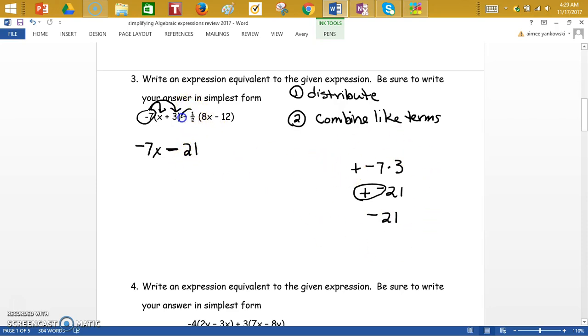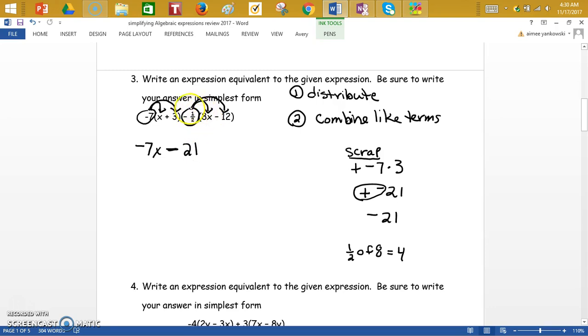Now I'm going to distribute a negative 1/2 through. So I'm going to multiply a negative 1/2 through. This is some of my scrap work off to the side. Negative 1/2 times 8x. Half of 8 is 4.